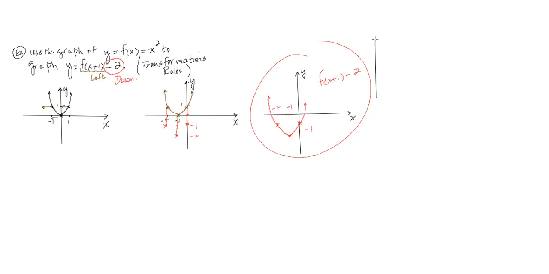I'm going to just write it right next to it. f of x is 3x over x minus 4. g of x is 3 over x plus 2.